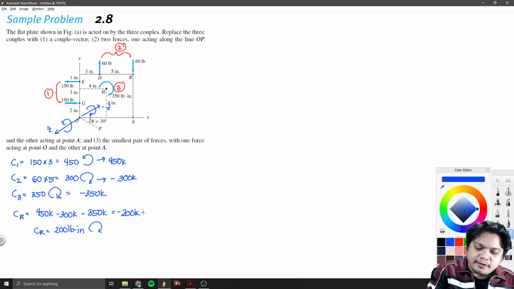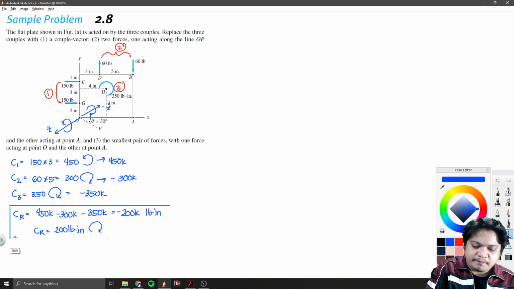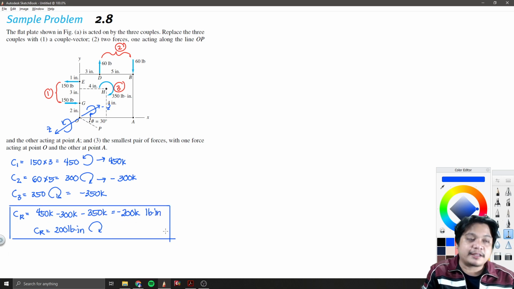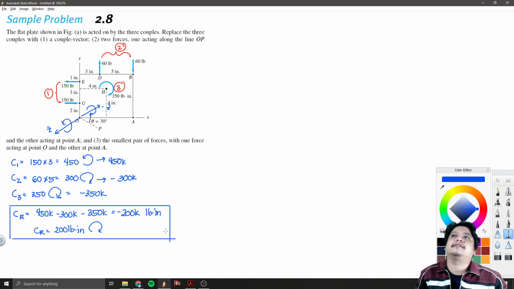Okay, so again, this is in pound inch. So this is now the answer for number 1. So that is a couple vector, para lang tayong nag-take ng resultant. Okay, sabi niya, replace these couples with one couple vector. So yun na yun, 200 pound inch clockwise in manner.